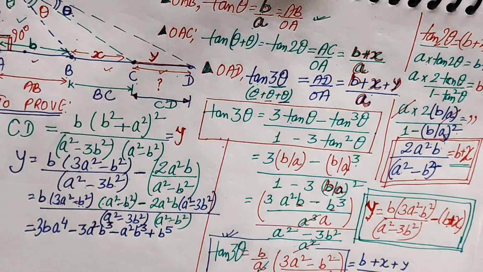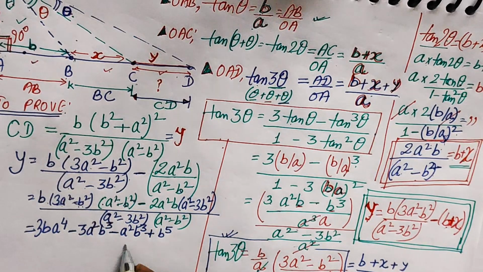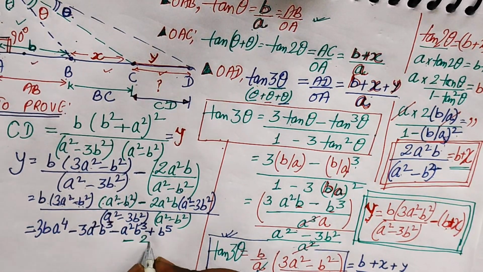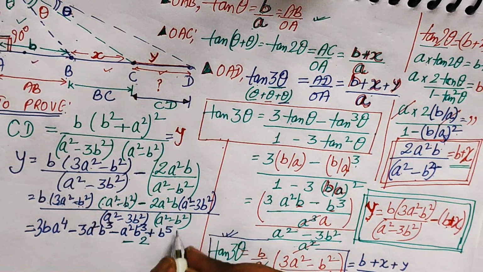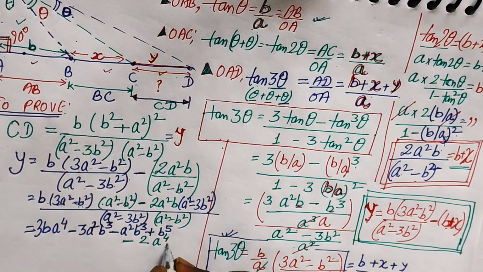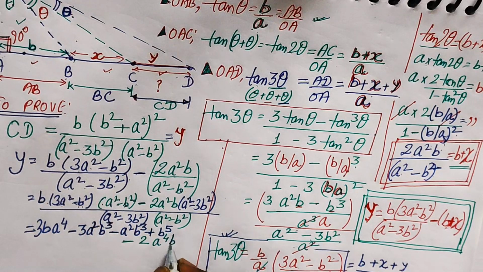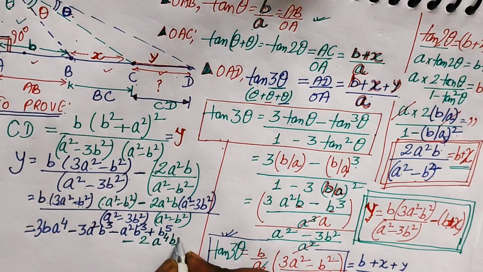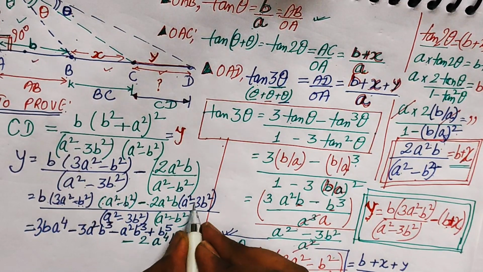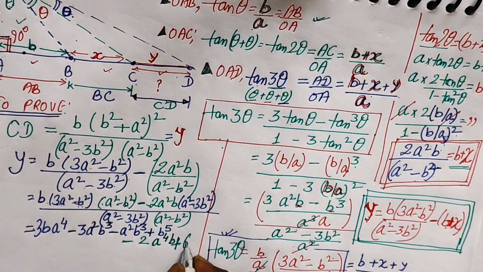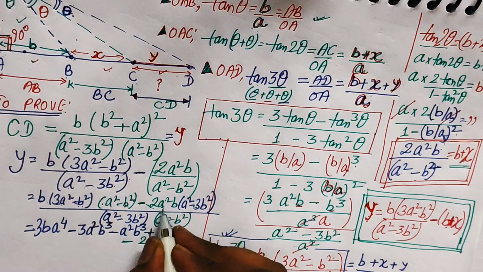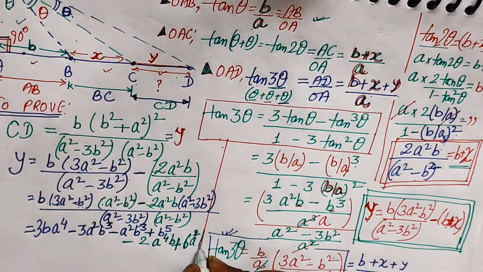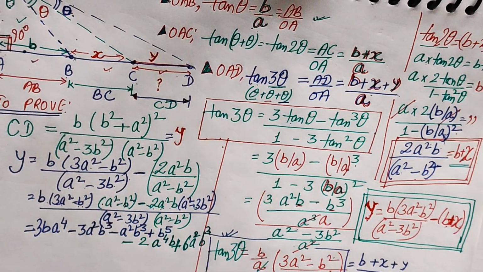Now the last two terms here will be minus 2 times a power 4 into b, then plus 3 into 2, 6 into a square b cube, right?